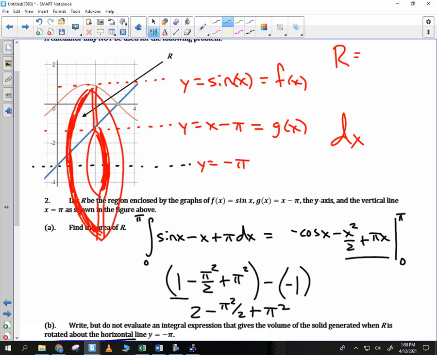So what's the big radius? F of x minus negative pi, which would be f of x plus pi. Exactly, that's your big radius. Let's look at the little radius. That would be g of x plus pi.